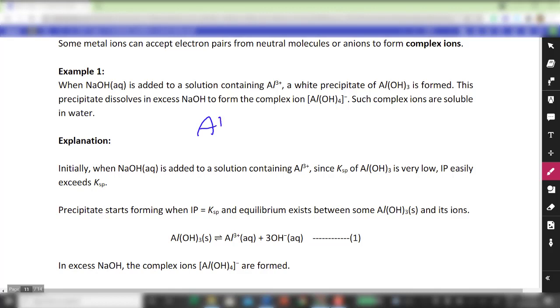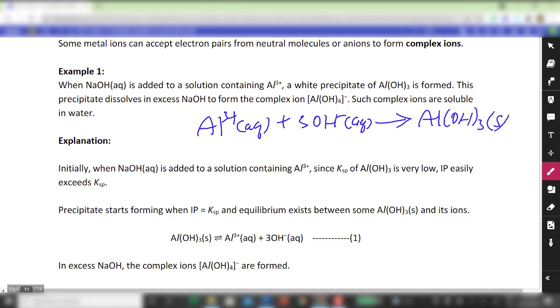So you expect an equation at the beginning to be like this: Al3+ plus 3OH minus, arrow, Al(OH)3 solid. The precipitation will keep occurring until you get almost the maximum amount of Al3+ which you can precipitate out from the solution.